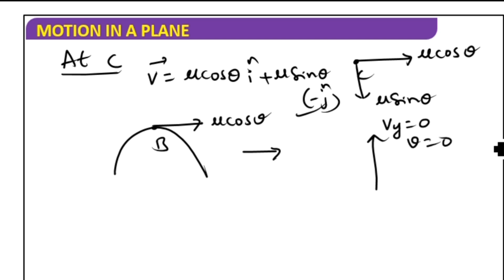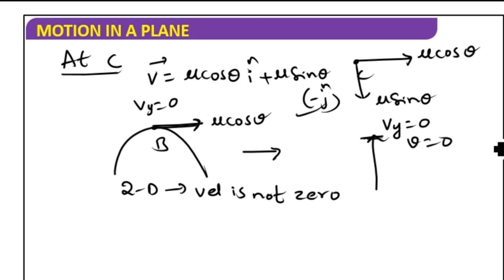But in two-dimensional motion, the vertical component of velocity is 0, but it has the horizontal component of velocity. That's why in 2D motion, velocity is not 0 at the topmost point.